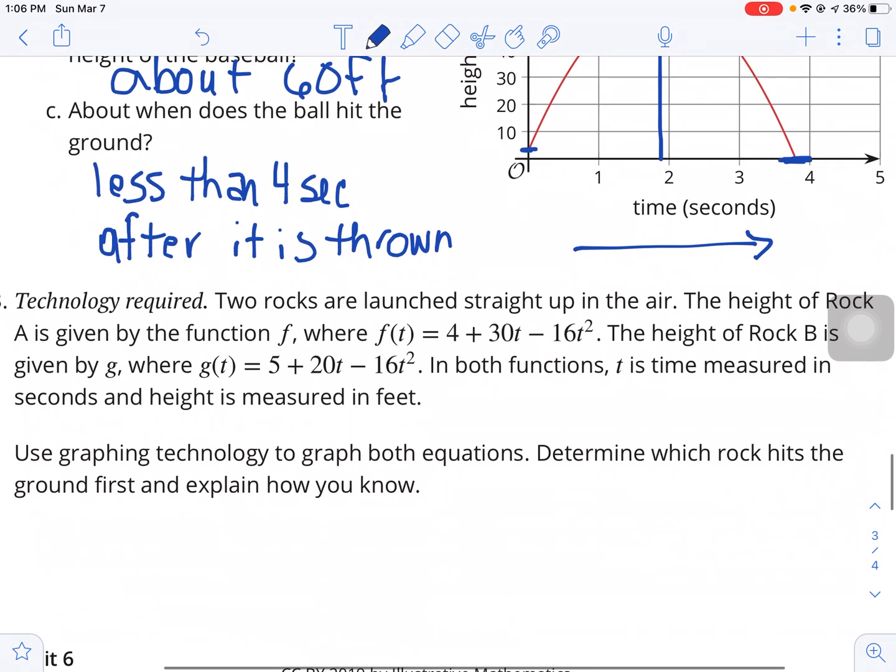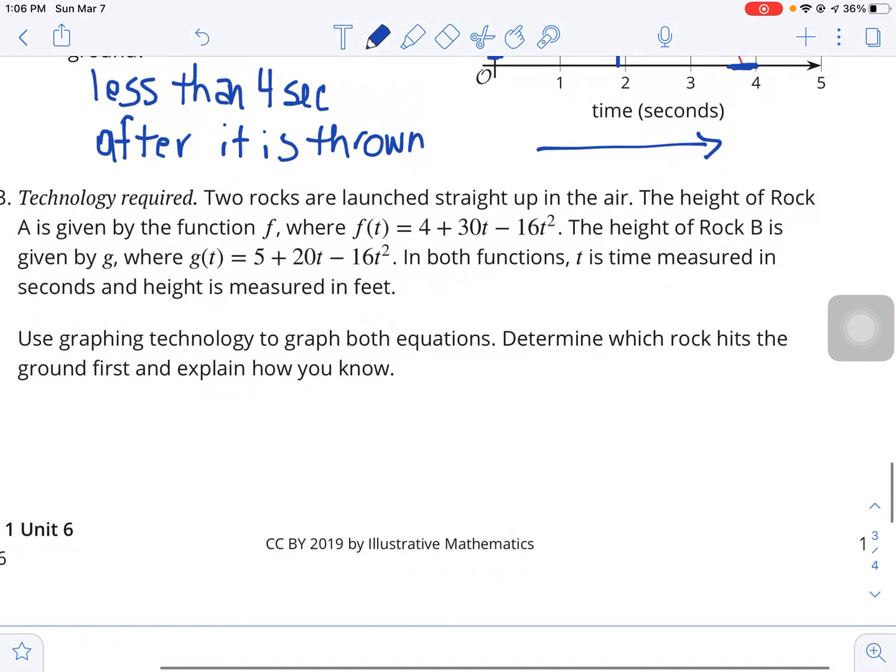The next one requires technology, and so we've got 2 rocks launched straight up into the air, and the height of rock A is given by the function f there, and I'm just going to write these down. The height of rock B is given by the function g.